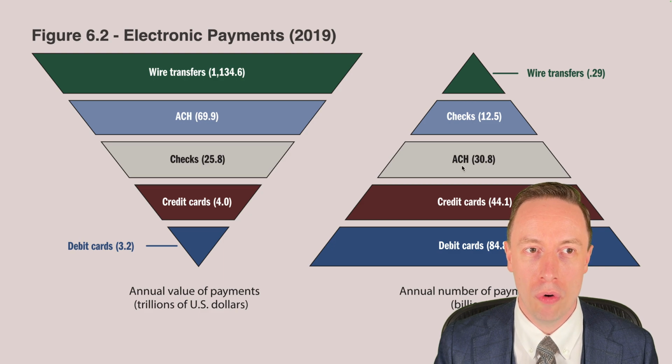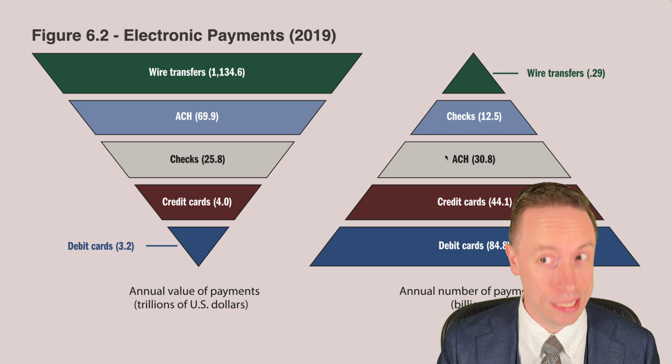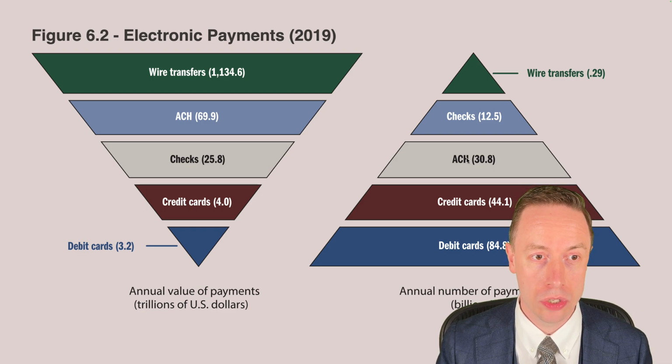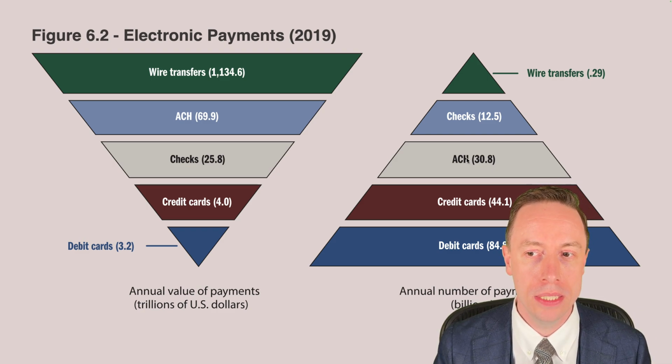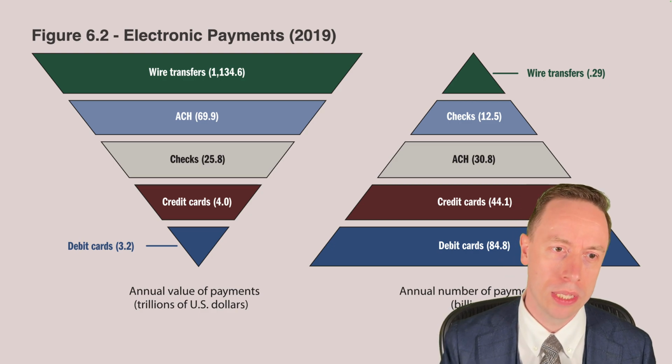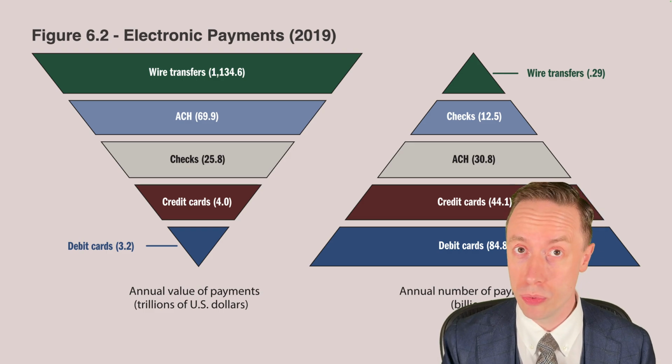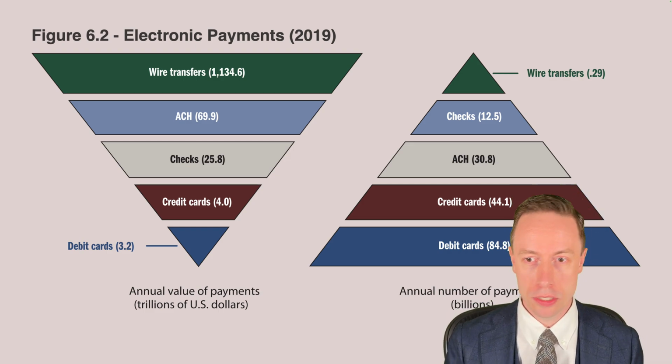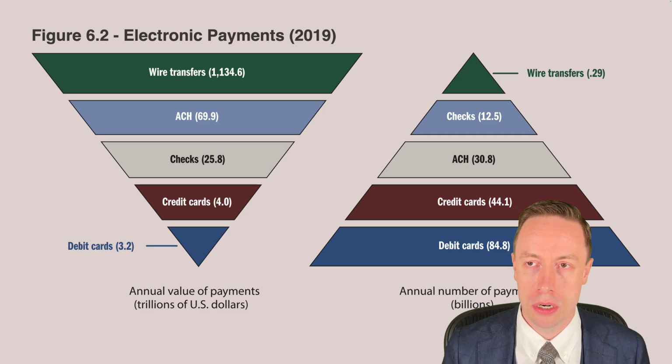So it's now overtaken checks both in value and in number of transactions. Check certainly a declining form of payment. And then, of course, just a ton of day-to-day transactions in our country, credit cards and debit cards. Debit cards swiped almost twice as often as credit cards. I was a little bit surprised to read that myself, but I guess some people really like their debit cards, so go for it.